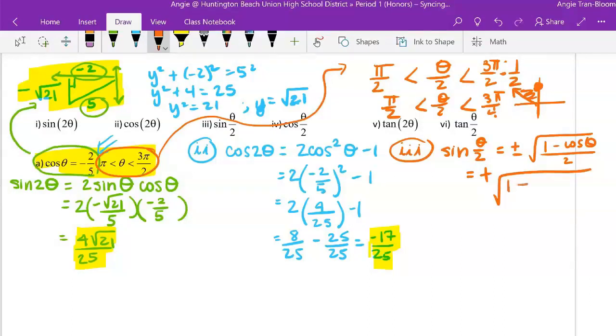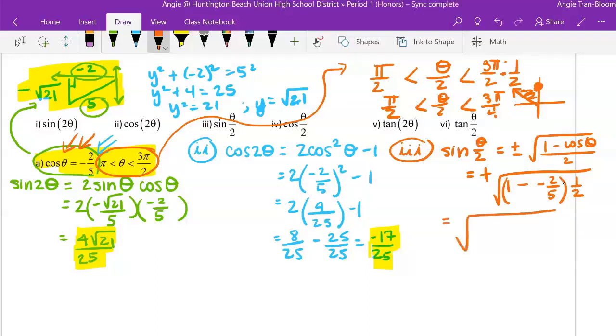1 minus cosine of theta, it's already known, back to here. So cosine theta is negative 2 divided by 5. Divide all of this by 2, which I'm going to write as a multiplication of a half. And from here, let's do some basic math. Big radical again.